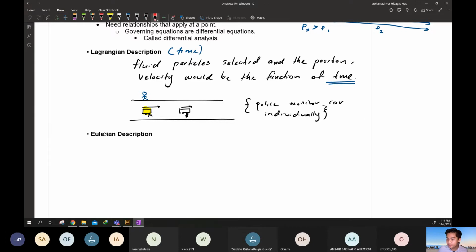Okay, so how about the Eulerian description? Basically, the Eulerian description thinks of the control volume.